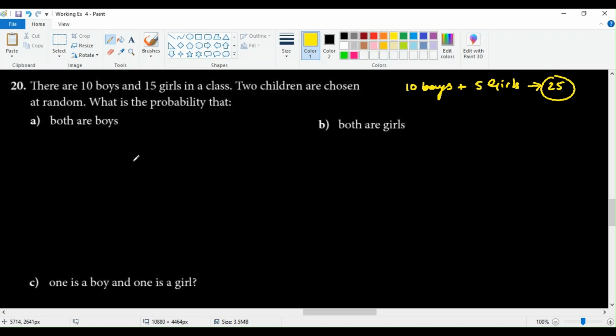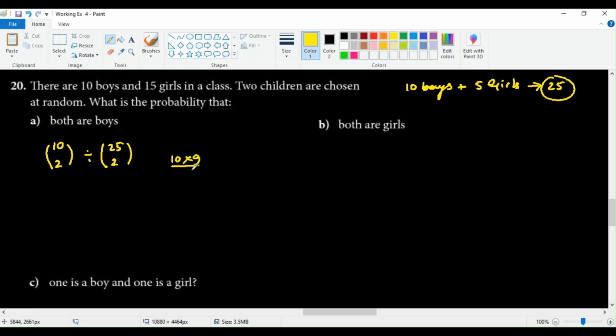Now the question is probability that both are boys, 2 boys from 10. That means we are talking about 2 boys from 10. So we write combination like this, divided by 25 choose 2. Now this is going to be 10 times 9. We write 2 only.